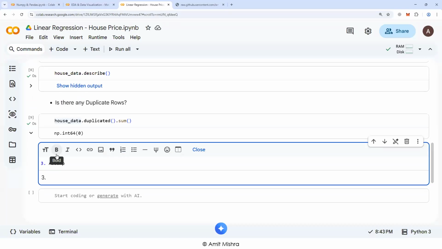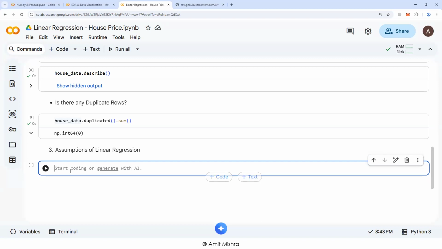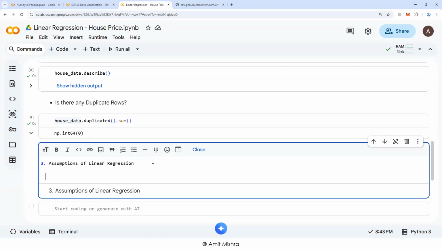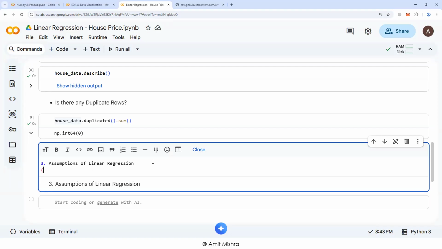For linear regression only, we need to check for the assumptions of the linear regression model.